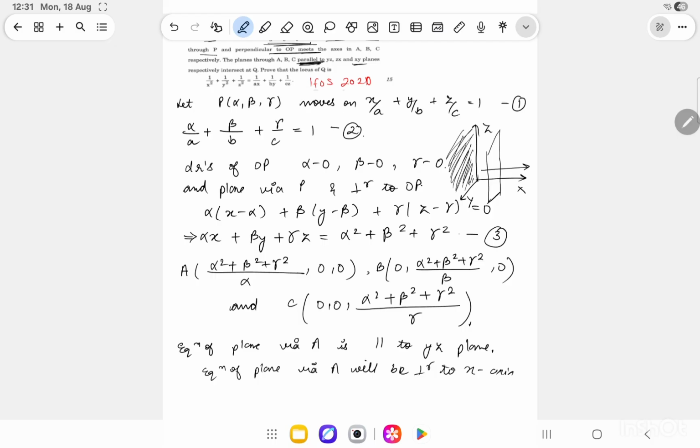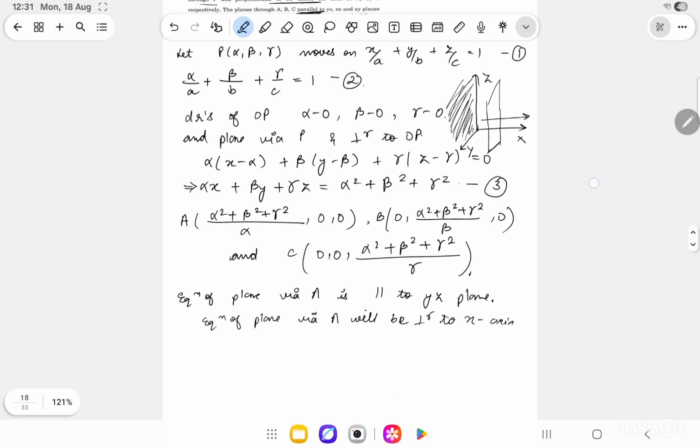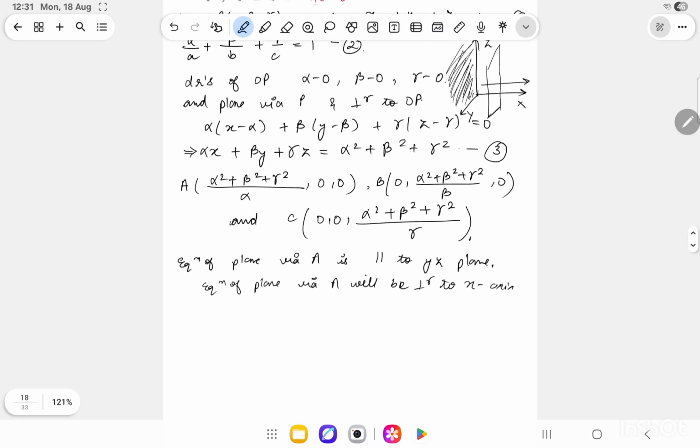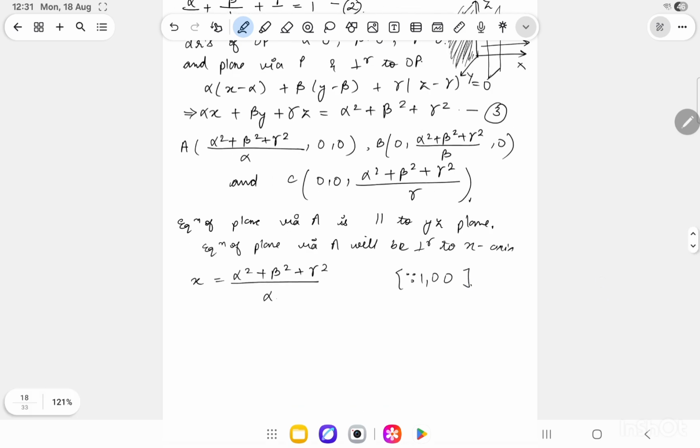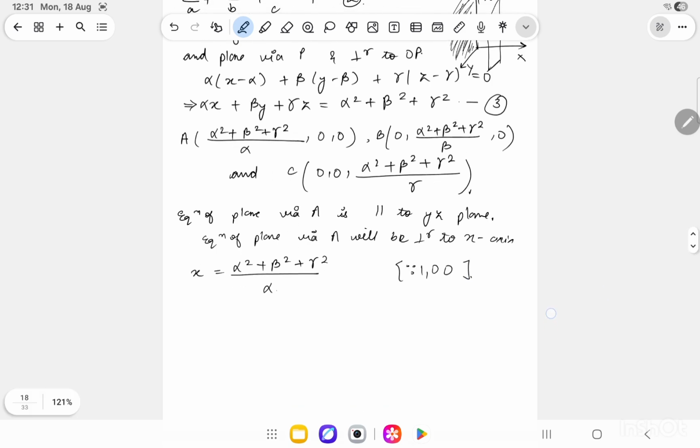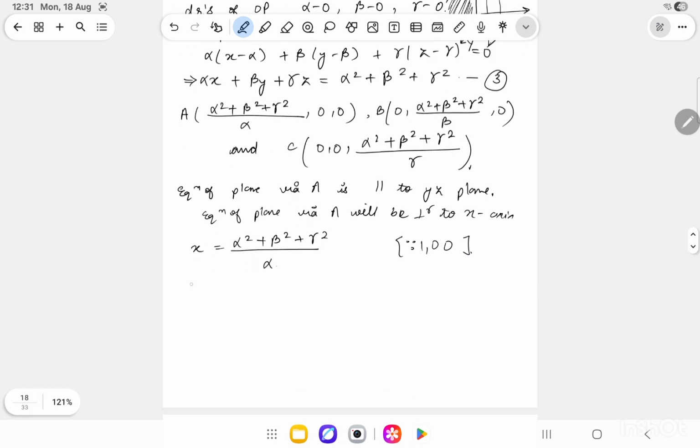So this plane will be perpendicular to the x-axis. Using that I can find the equation of the plane passing via A. So the equation of such a plane will be x equals alpha square plus beta square plus gamma square upon alpha, because my direction cosines of the x-axis are 1, 0, 0. So from here I got my equation of the plane via A.